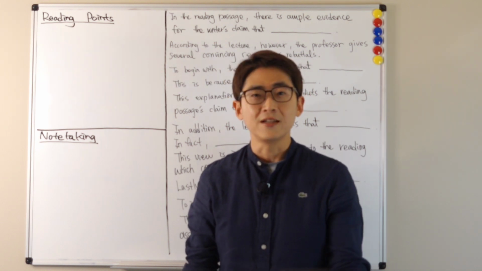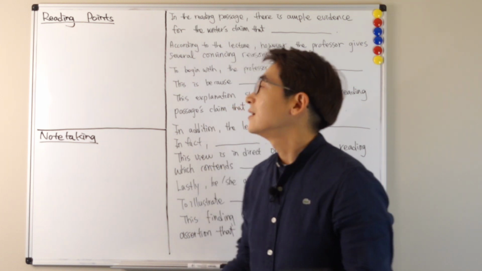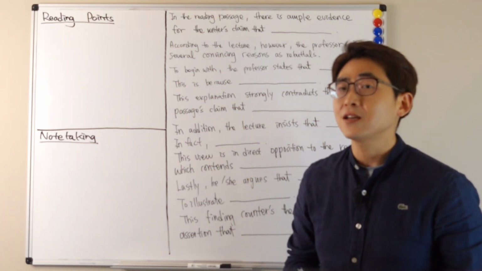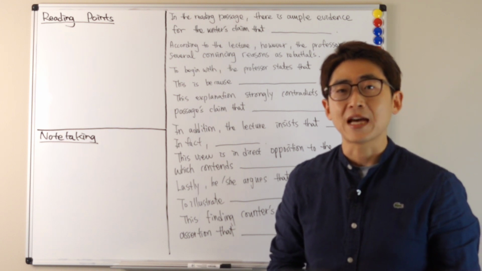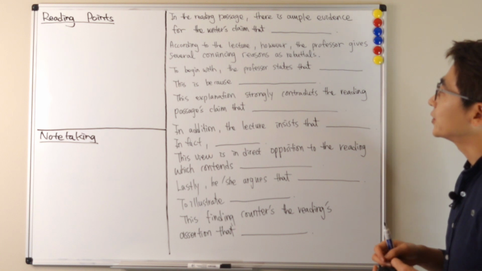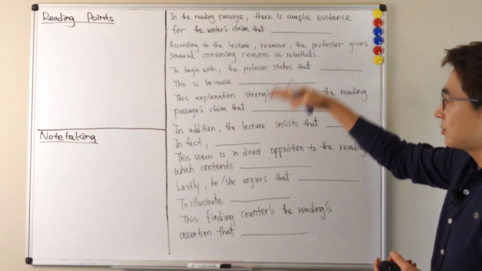Alright, so here it is. The magical template for the TOEFL writing section, especially for the integrated section, which is task 1. Let's take a look from the top to the bottom.